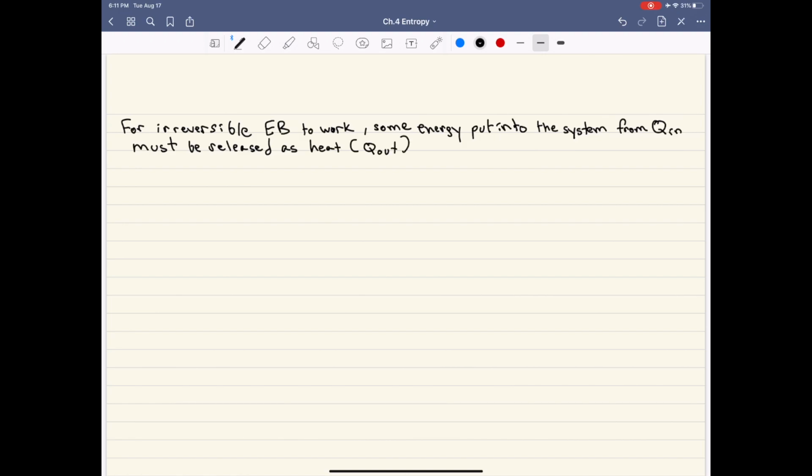Okay? And so essentially, to illustrate this idea, if we take a look at our piston cylinder, so we have the piston cylinder here, we have the gas that is expanding, and so essentially we put heat into the system.